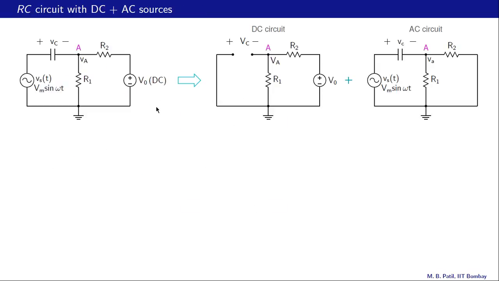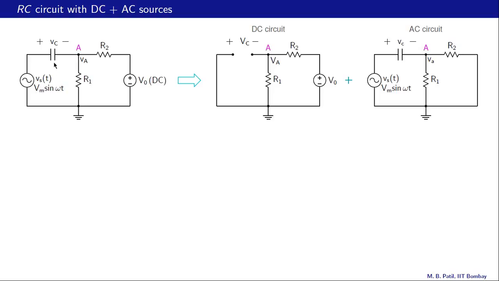We can now use the findings in our original RC circuit. So we replace R2 with its DC equivalent, which is also a resistor, and the AC equivalent, that's also a resistor. Similarly for R1. What about the capacitor?